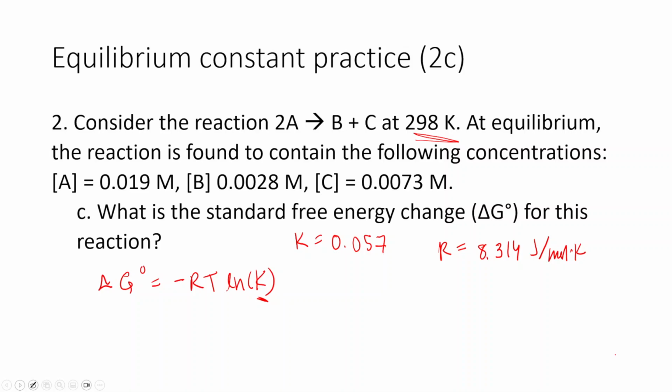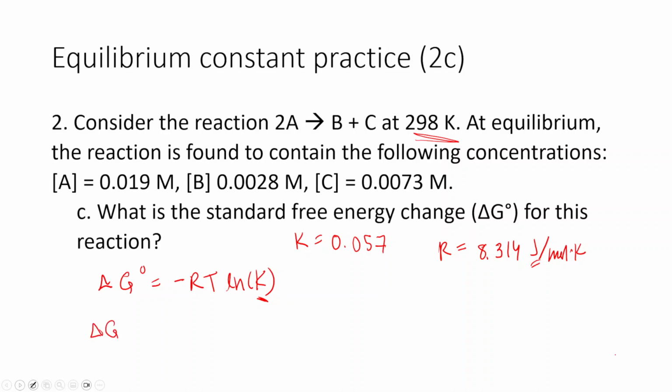But we do always have to watch out for units. So remember, delta G is almost always reported in kilojoules. This R value has joules in it. So to make our lives easier, we might sometimes want to convert that to kilojoules per mole K instead. Okay, so let's plug everything in.